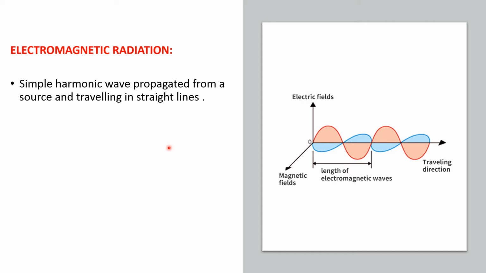So it is electromagnetic radiation. In simple words, electromagnetic radiation is a simple harmonic wave. Simple harmonic itself says that it has some periodic displacement. So it is a simple harmonic wave propagated from a source and travels in straight lines.